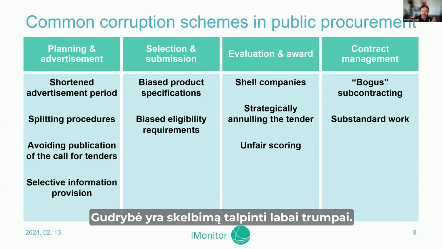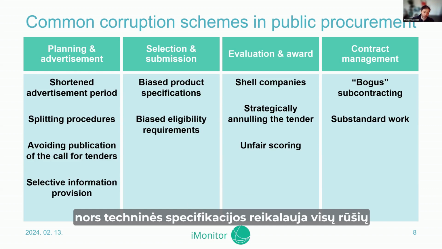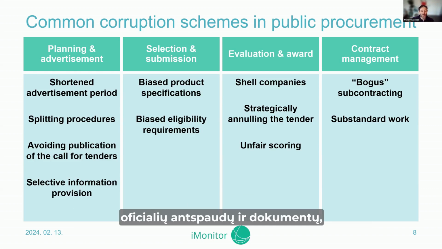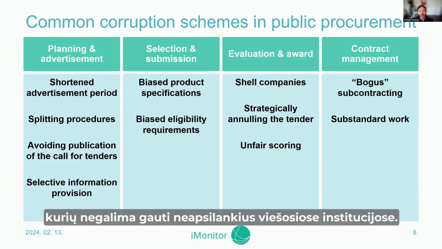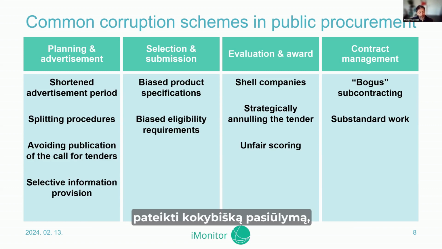The trick is to advertise very briefly. You advertise Friday afternoon, the deadline is Monday morning, and the specifications require all sorts of official stamps and documents which cannot be obtained without going into public office. In most countries, Friday afternoon is not the high time of public bureaucracy. So basically, you don't have any chance of getting together a meaningful and correct bid.